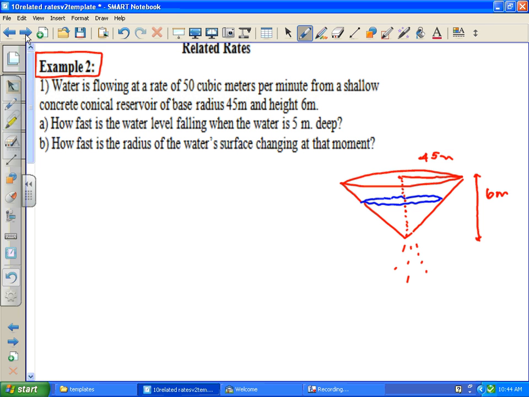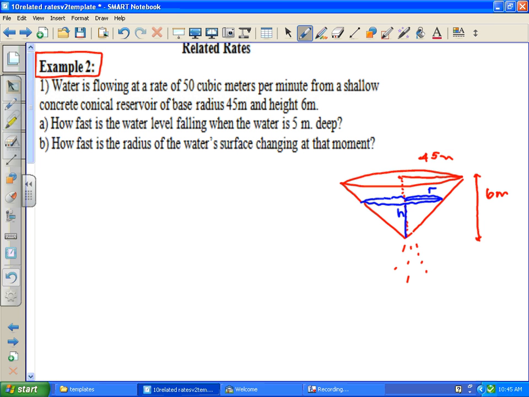And further, I will call the depth of the water in this container H. And whatever the radius is at that moment for the actual water in the container, I'm going to call that R. So the outside dimensions are 45 meters for the radius, 6 meters for the height.